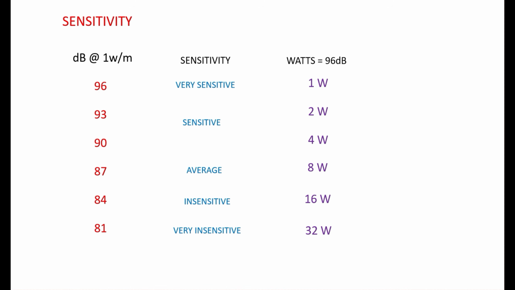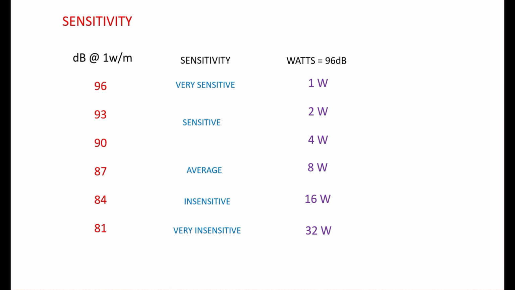Now, we can work out by looking at the sensitivity of the speaker just how many decibels it will play given the amount of power you put in, because loudness is a function of sensitivity plus how many watts you're putting into the speaker. It's going to be louder if you put in, let's say, 100 watts versus 10 watts, right?